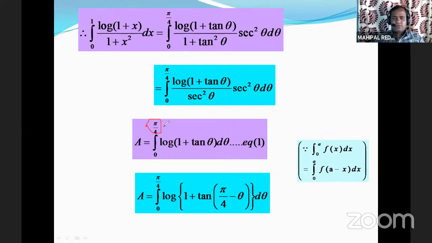I am replacing only the theta value. Therefore, A equals integration 0 to pi by 4 log of 1 plus tan of pi by 4 minus theta d theta.